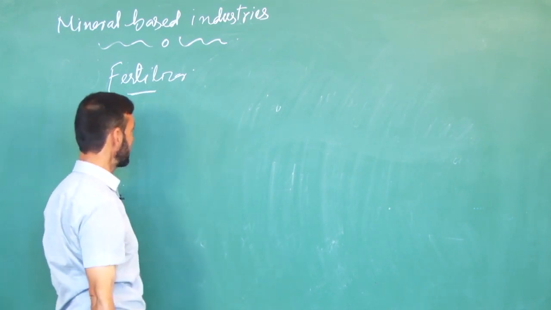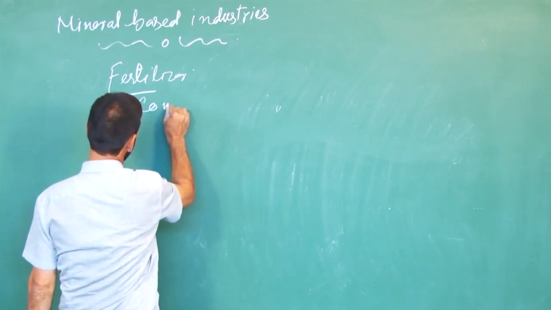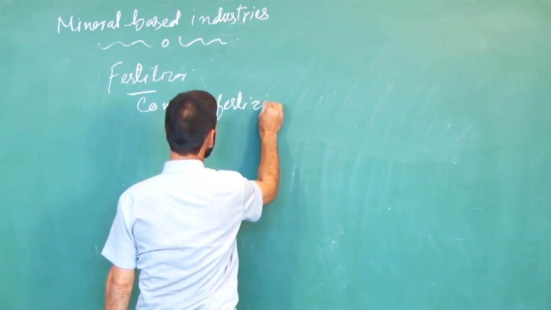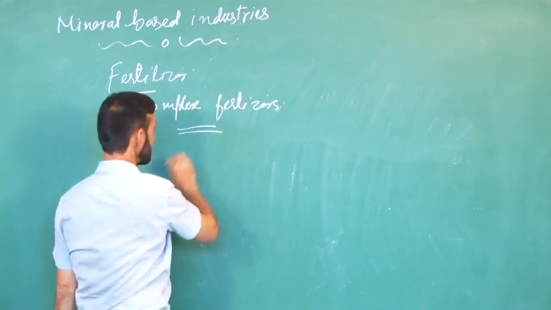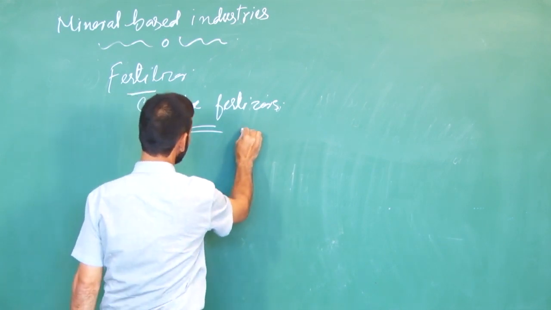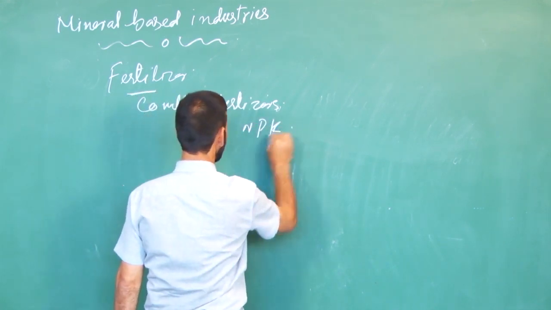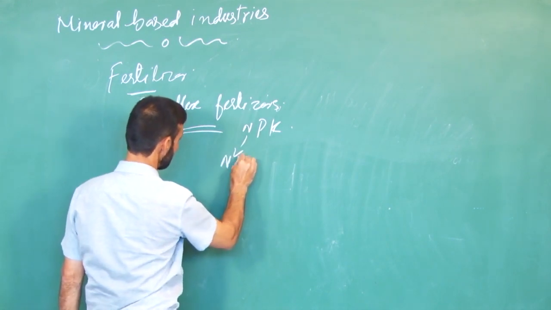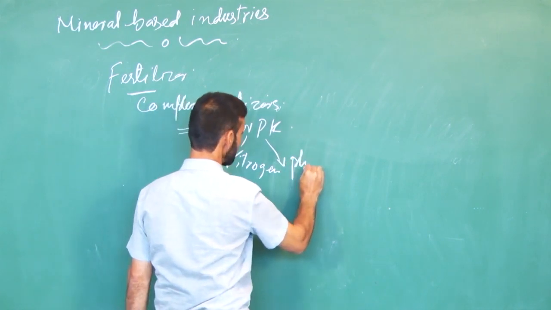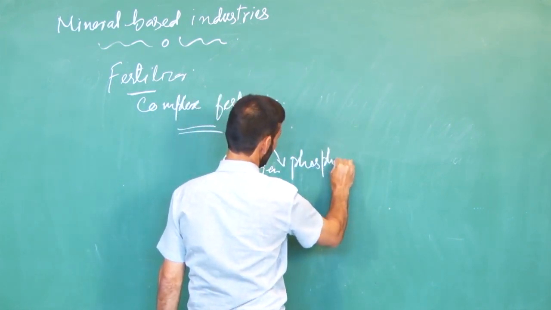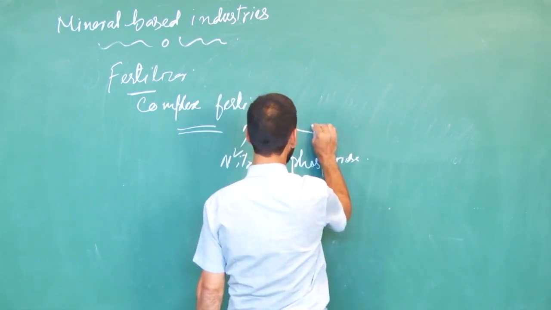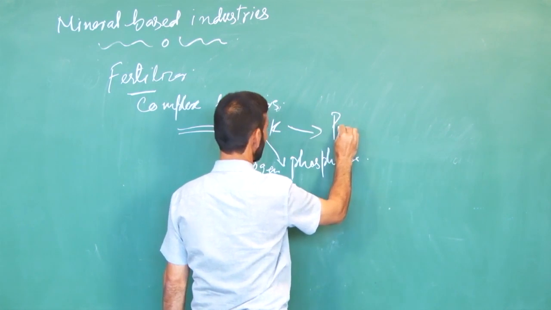Now there is one more important thing, that is complex fertilizer. Complex fertilizer means when there is a combination of two or more fertilizers, that is NPK. N stands for nitrogen, P stands for phosphorus, and K stands for potash.